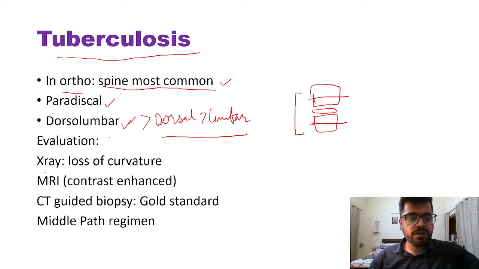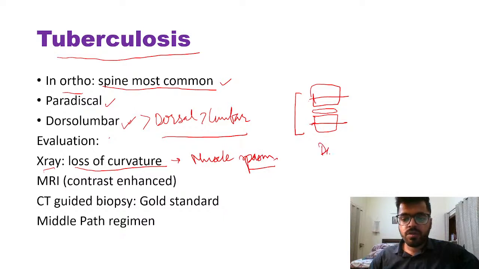Evaluation on X-rays, we can see a loss of curvature. Loss of curvature occurs due to muscle spasm. For example, the normal dorsal spine has a slight bit of kyphosis.